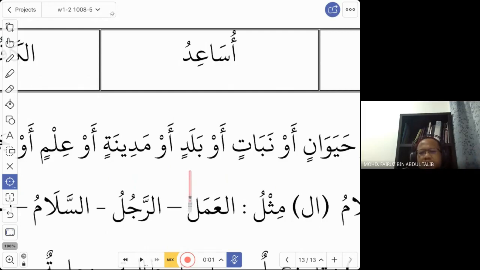So that is balad, not necessarily a state or a country. Just like the word Misr just now, Egypt. That is an example of balad. Au Madina, or a city. Madina is a city such as Kuala Lumpur. Or the word Medina itself, a city, that is also a noun.